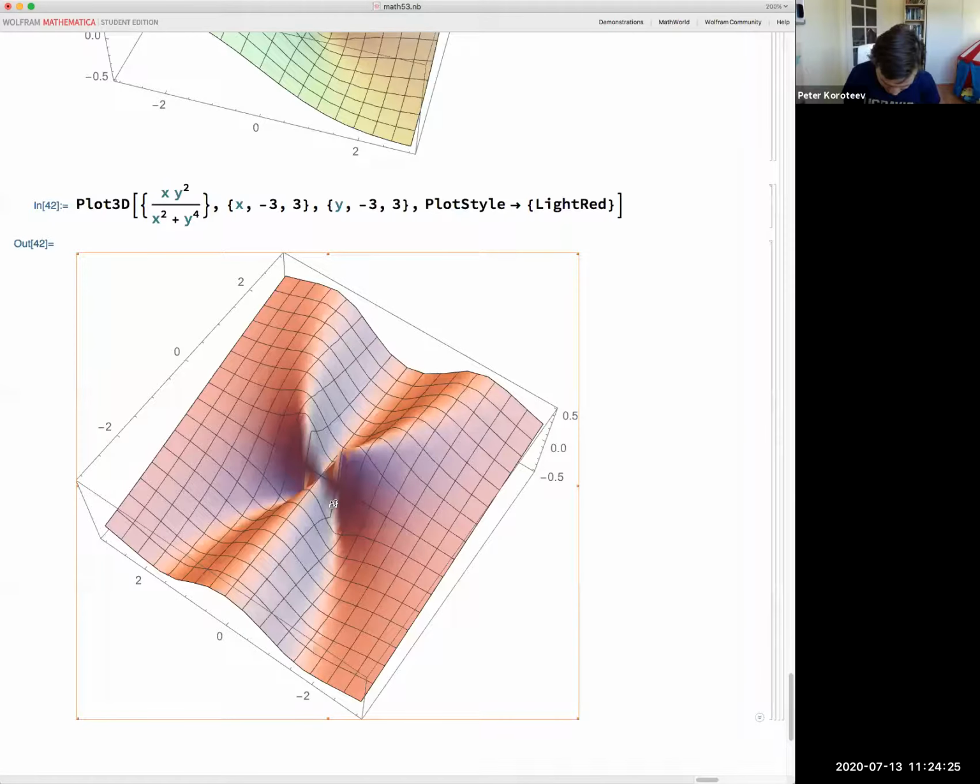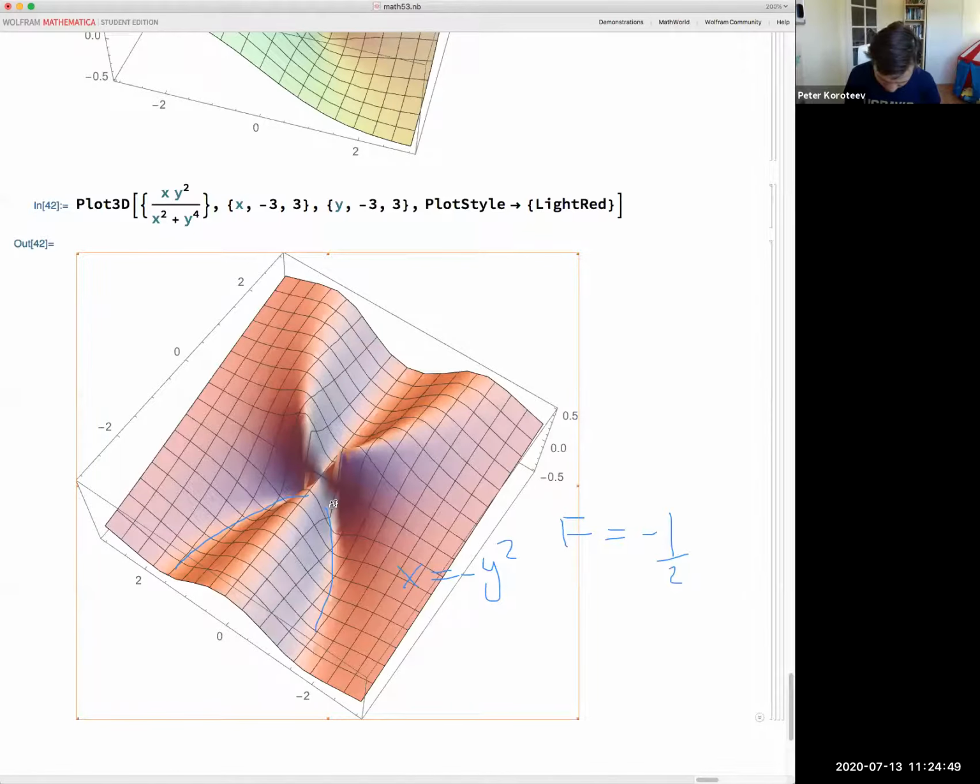So if you take this bottom parabola, which would look like x equals minus y squared, then the function is equal to minus 1/2.